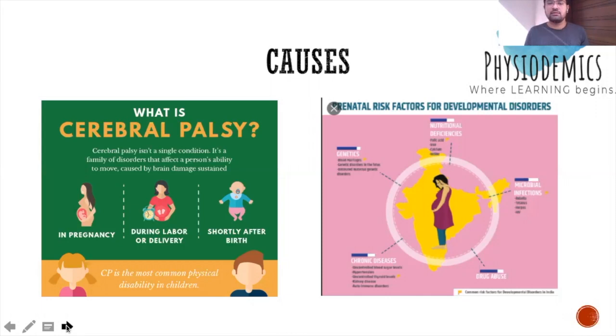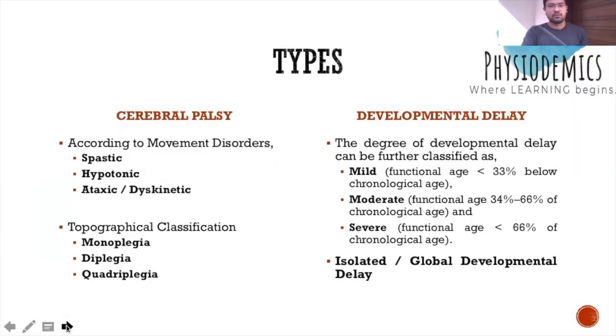Whereas prenatal risk factors for developmental disorder, especially in India, are genetics, nutritional deficiency, microbial infections, chronic disease, as well as drug abuse. Even genetics is a primary factor which can lead to developmental delay, like Down syndrome.